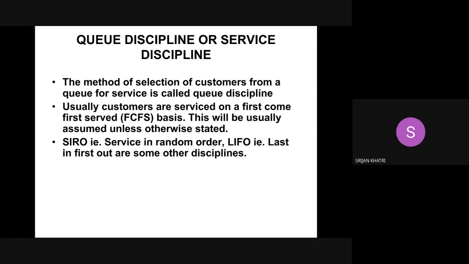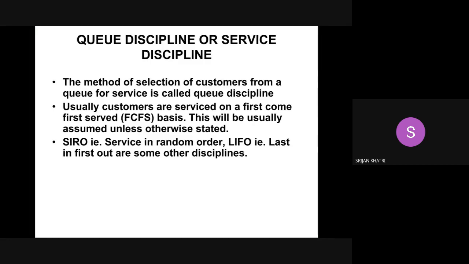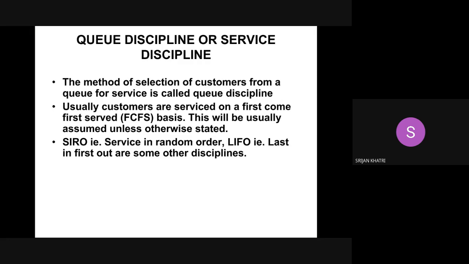We have the discipline of service in random order also. Last in first out. Last in first out means in the godown, in the stack, generally the item which we put in last, we always take out first. So last in first out, and FCFS, first come first serve.